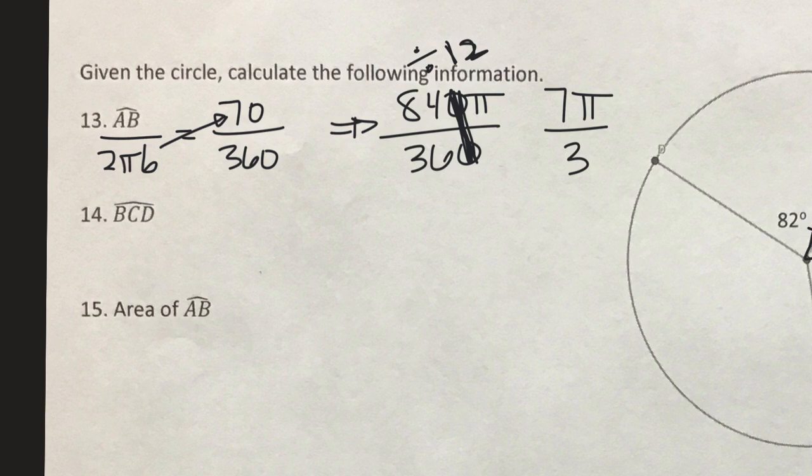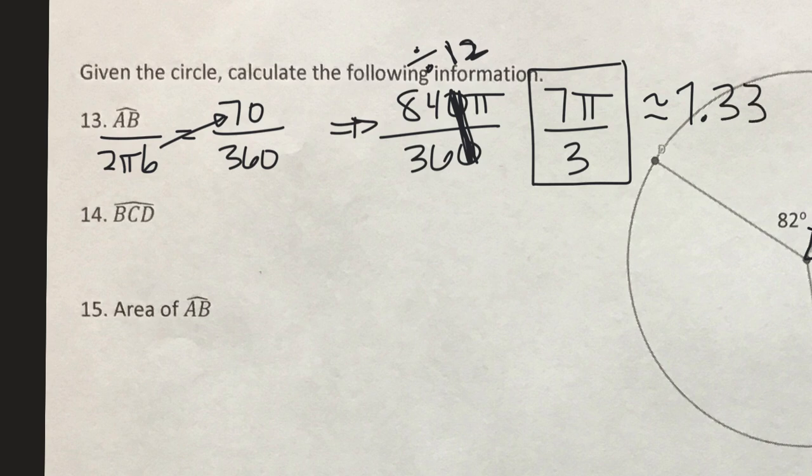So 7 pi over 3 is the exact value. If you want to decimalize it, 7 times pi divided by 3 is approximately 7.33 units. I didn't say a unit, but 7.33.